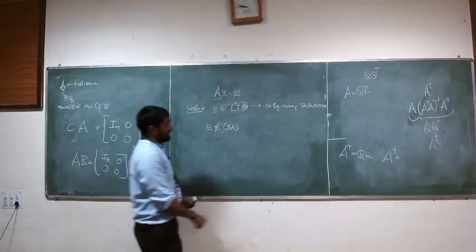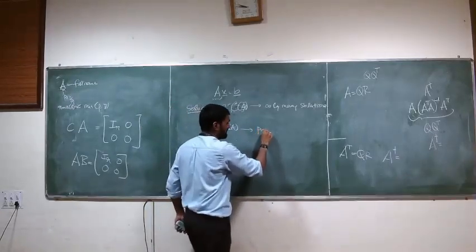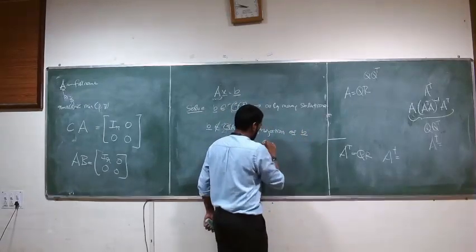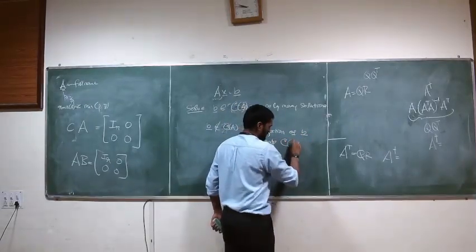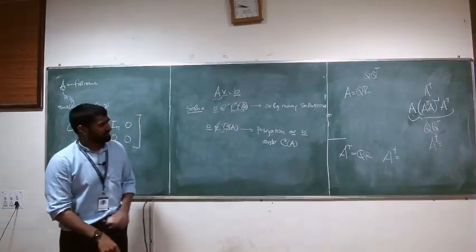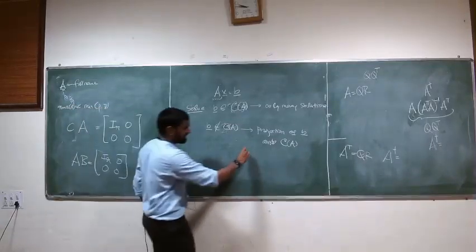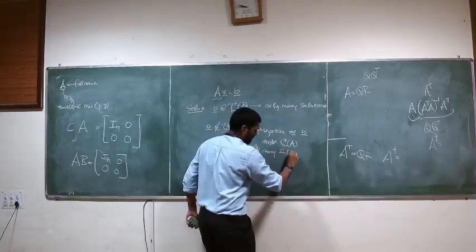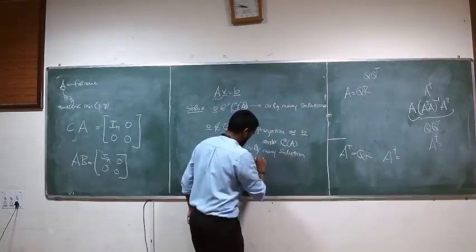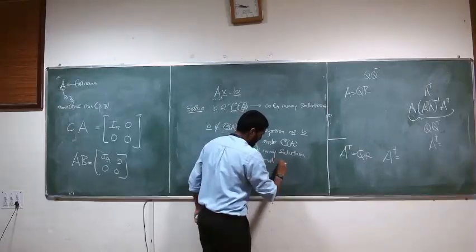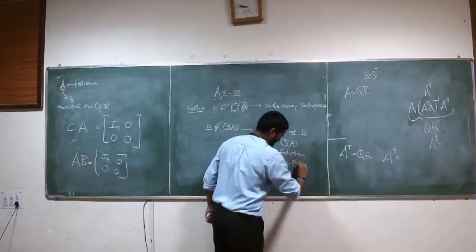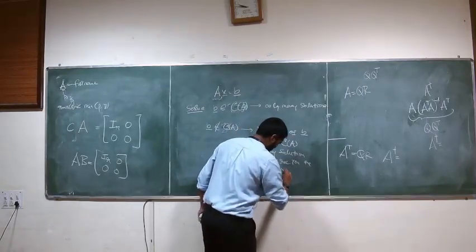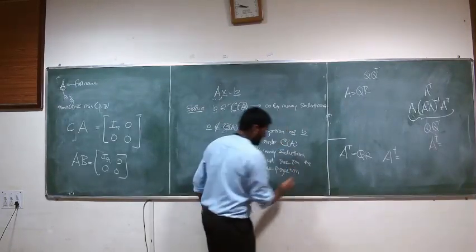What you can find is a projection of B onto the column space of A. But then again there are infinitely many solutions that will give you the same projection.